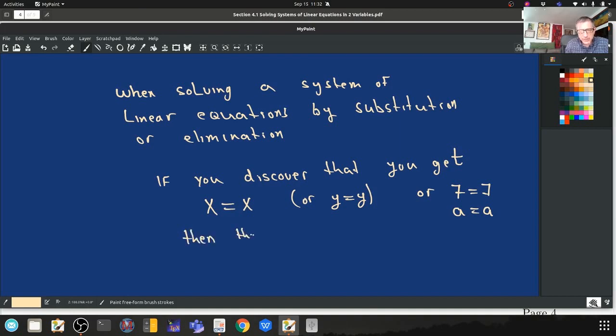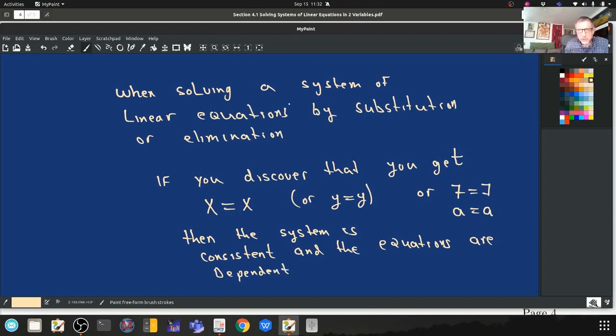the system is dependent, sorry, not the system is consistent. Why can I not spell today? Consistent. And the equations are dependent.